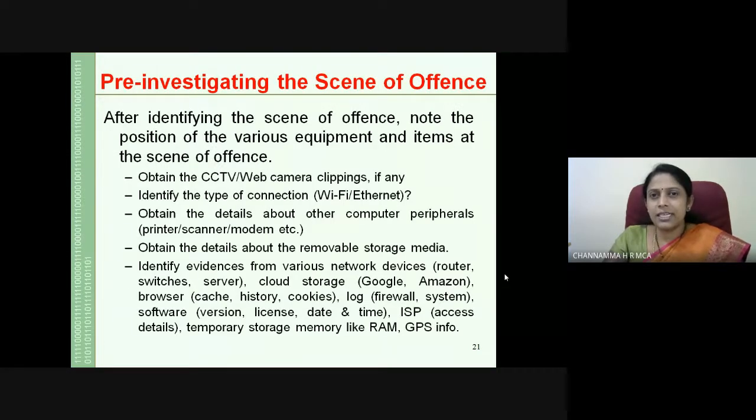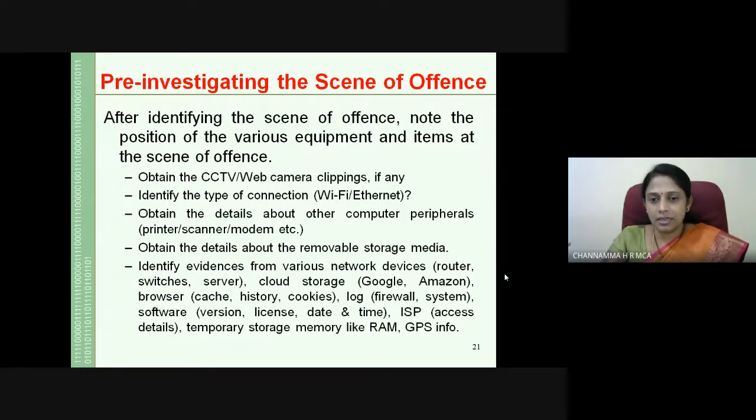Pre-investigating the scene of crime will help identify the scene of crime. Note that the position of the various equipment and items at the scene of offense is very important. If a crime happened at a home or a public place, maybe at a cyber cafe or any organization, then the procedure will be different for each place.